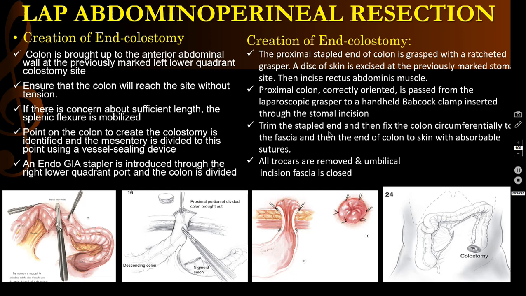Trim the stapled end and then fix the colon circumferentially to the fascia to begin with, and then the end of the colon to the skin, both with absorbable sutures.